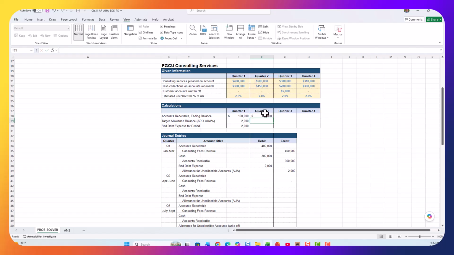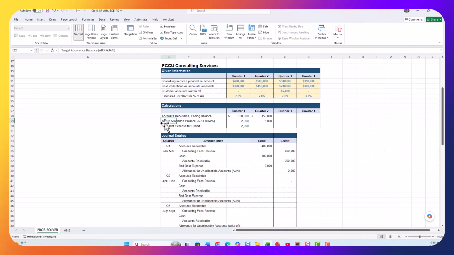We have an ending accounts receivable balance of $150,000. The target balance for our AUA account will be the ending balance in accounts receivable times the estimated uncollectible percentage, or 2%. $150,000 times 2%, $3,000.